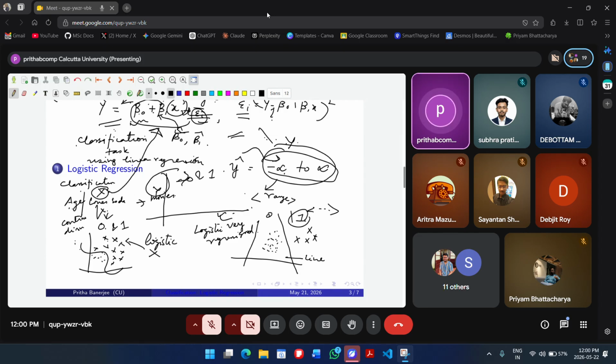The equation of the line is beta 0 plus beta 1 x. While doing logistic regression, we try to get a line like this, beta 0 plus beta 1 x, which divides the data into two classes in binary classification. In a multi-class problem, it will create a hyperplane.